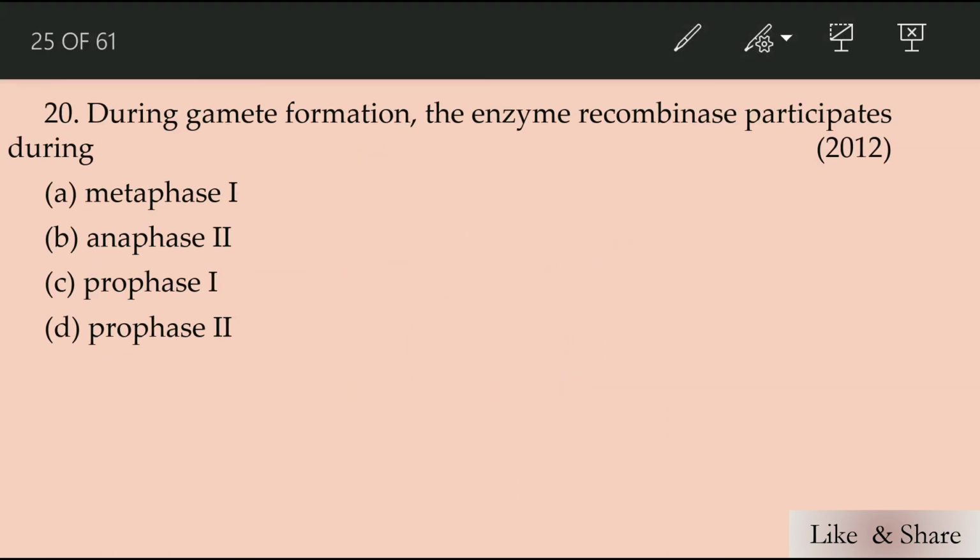The next question: during gamete formation, the enzyme recombinase participates. Gamete formation takes place by meiosis. So when does the enzyme recombinase participate: metaphase 1, anaphase 2, prophase 1 or prophase 2?